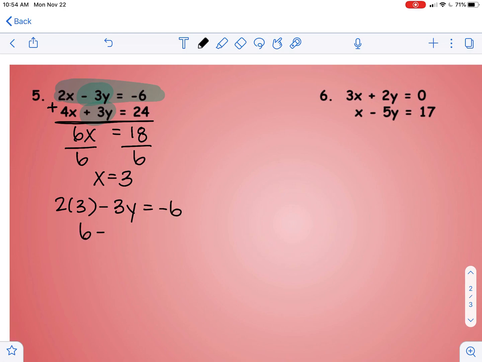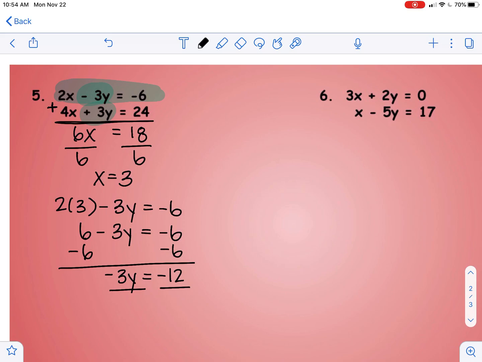So I've got 6 minus 3y is equal to negative 6. I'm going to subtract 6 from both sides to get negative 3y is equal to negative 12. And from here, I'm going to divide by negative 3 on both sides to get y is equal to 4.